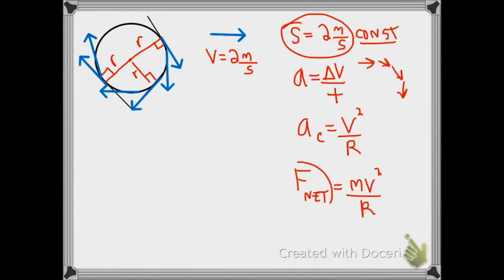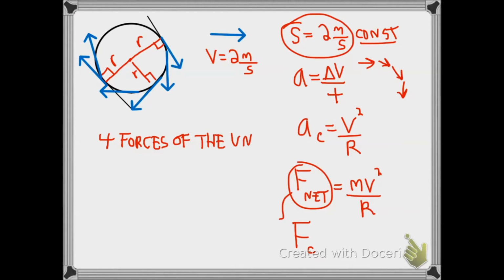The net force of something going in a circle is sometimes called the centripetal force, but this can be very confusing. When we have an object going with a centripetal force, we don't have a new force in the universe. We still just have the four forces we've always had. We have the strong force and the weak force.